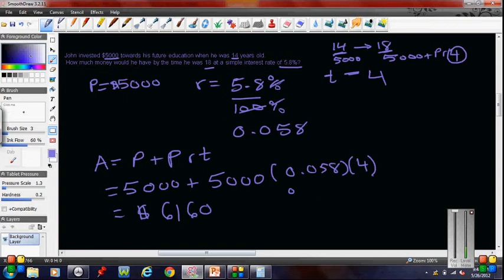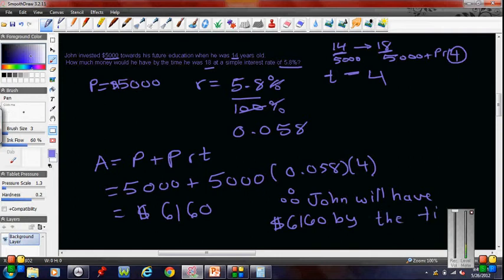So therefore, let's look at how much money would he have by the time he was 18 at a simple interest rate of 5.8%. Therefore, John will have $6,160 by the time he is 18.